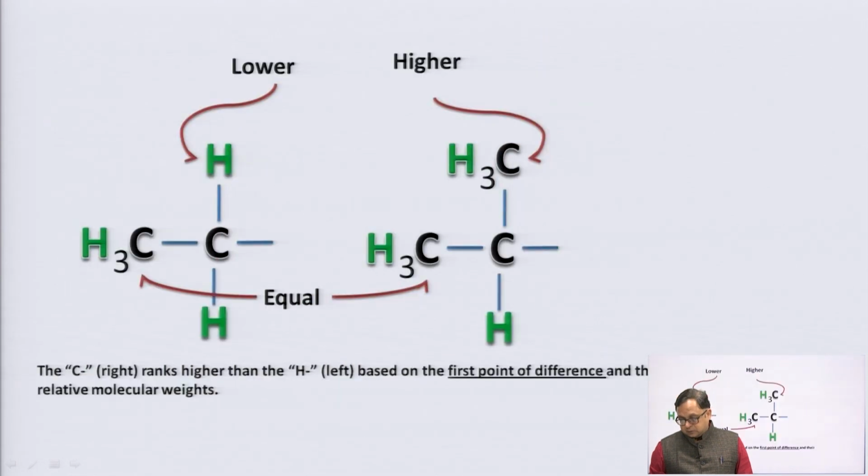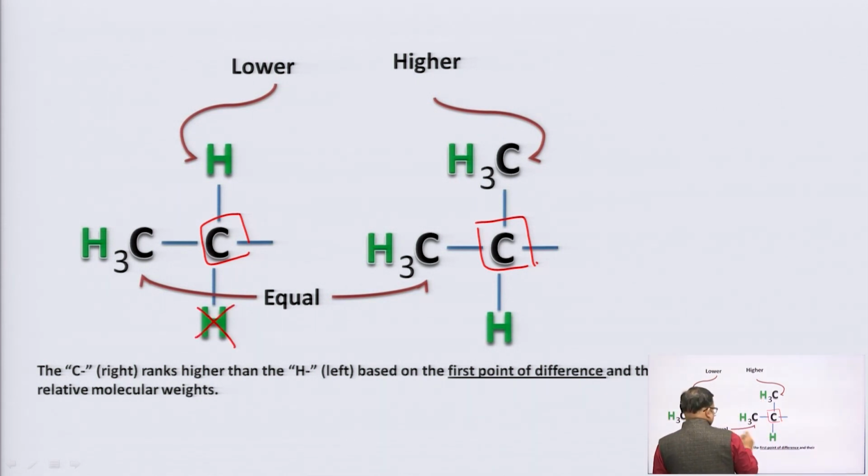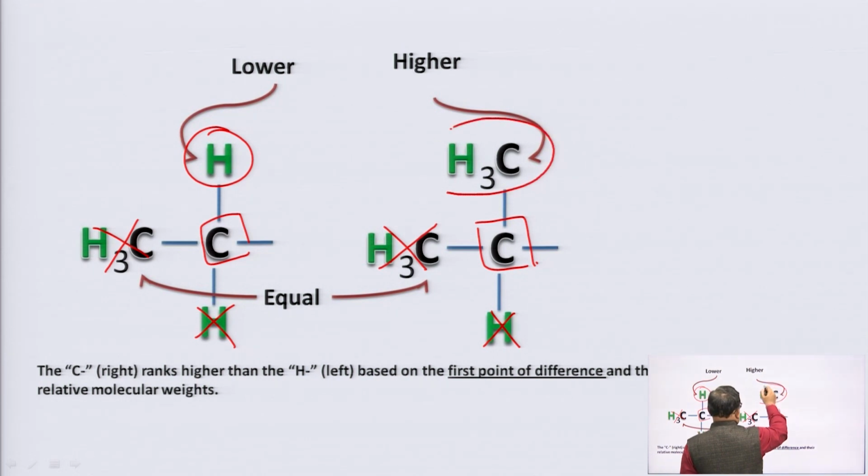Let us have one more example. If we look upon this carbon, these two carbons are substituted with hydrogen. So, this is equal, so cross it. It is methyl, again equal, cross it. Look upon the third substituent, this is hydrogen, this is methyl.